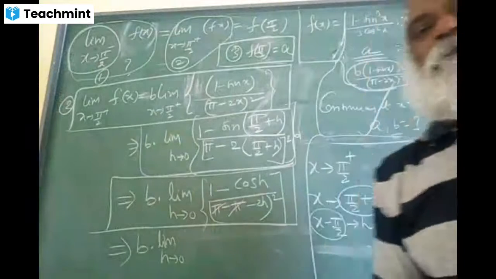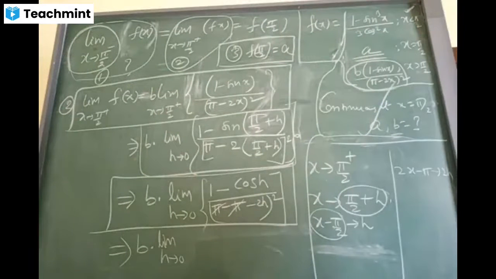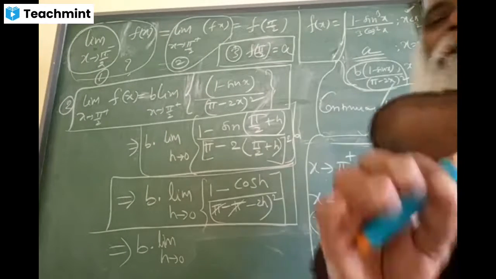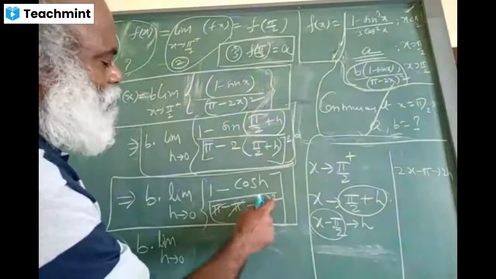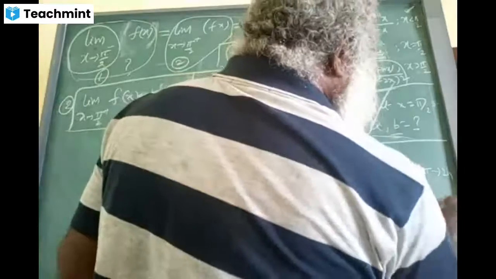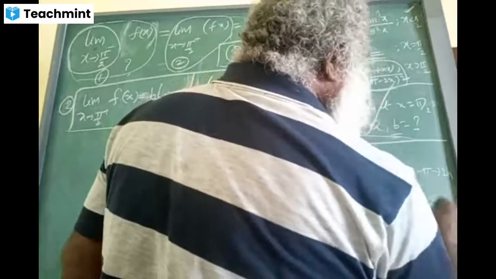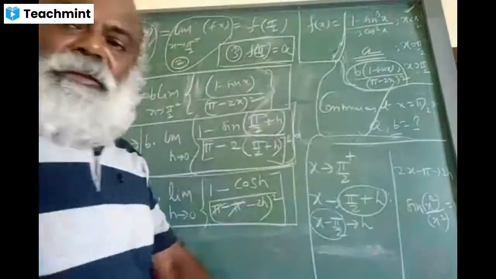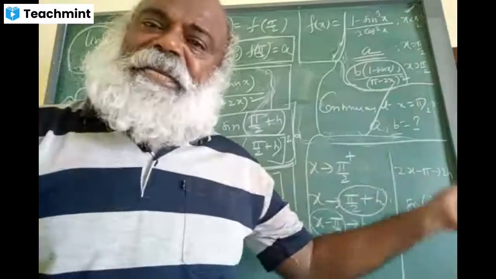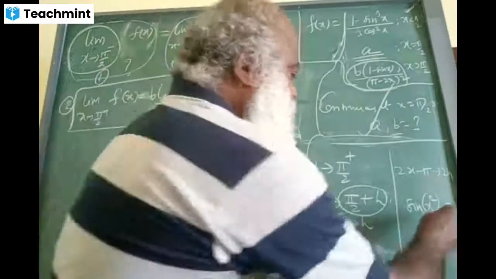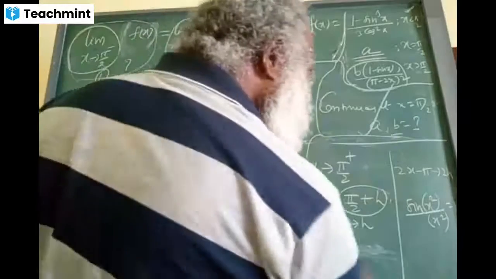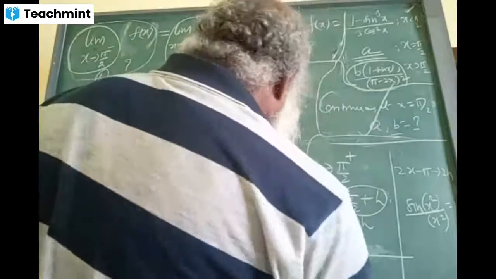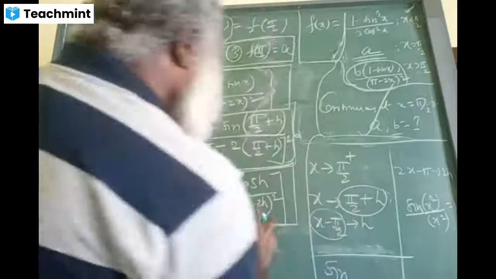Please. I told you, please see. Sin x square by x square equals 1. If sin of x square is there, in the denominator you should have x square. Please understand this. The denominator is something like 4h square.